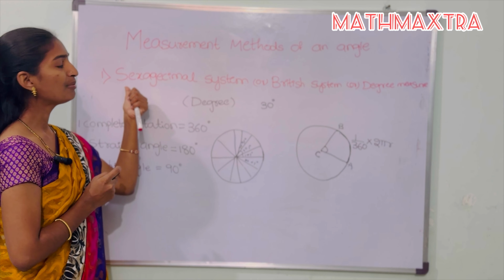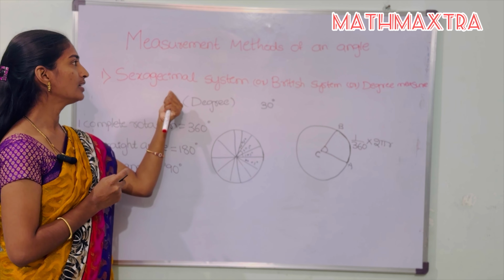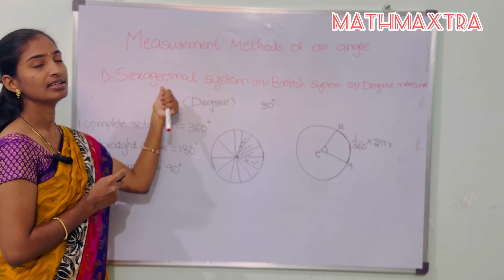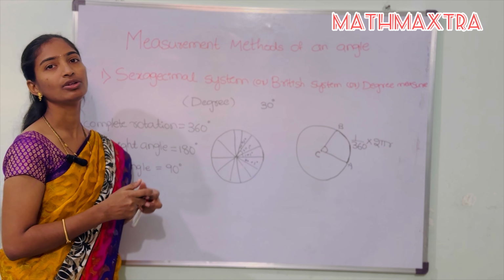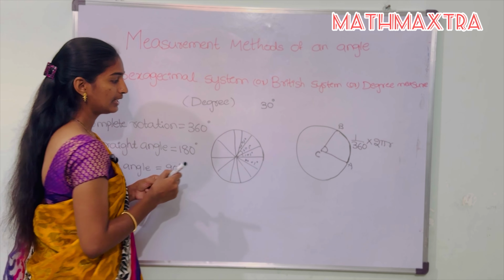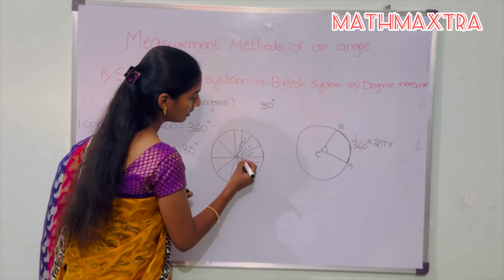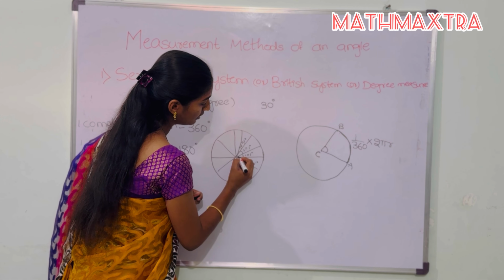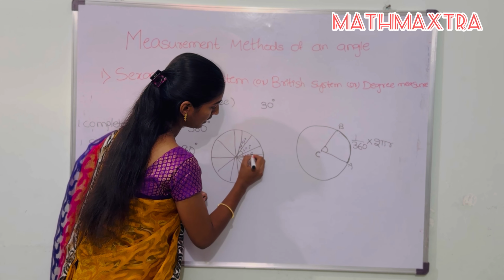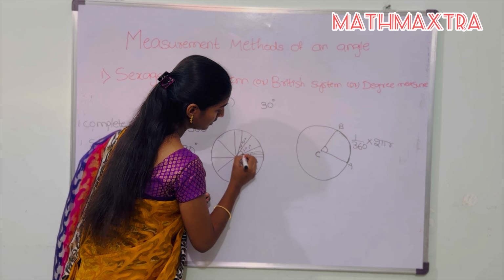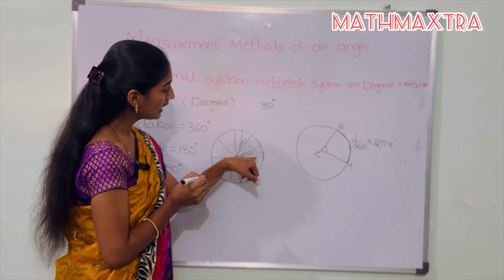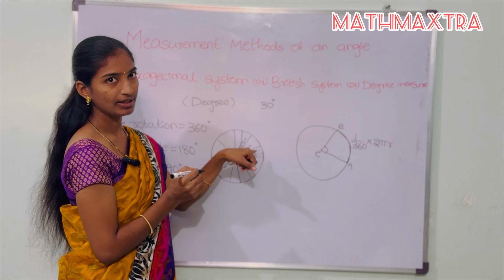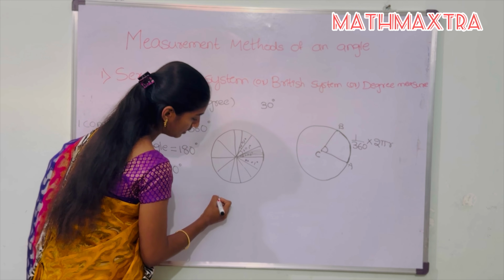So the name itself represents it: sexa means the base is 60. Here we divide 1 degree into 60 equal parts. Each part is called a minute.